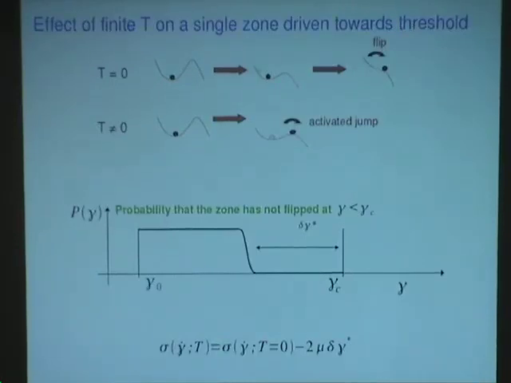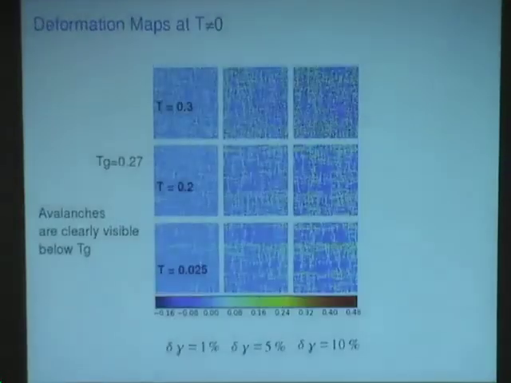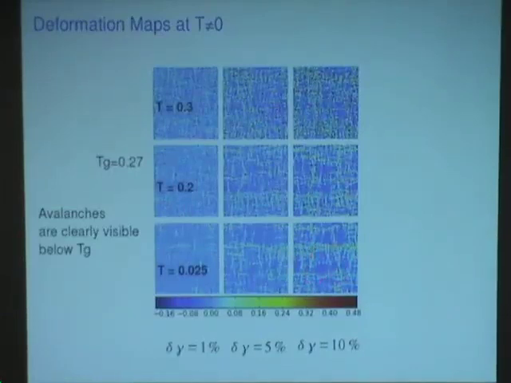Could you show that picture with the blue figures back? Now, it strikes me that, especially at the lower temperatures, I'm not sure I can distinguish that picture from the picture that Mike Falk showed of shear band formation. And I suspect that you're seeing phases of precisely the same thing.